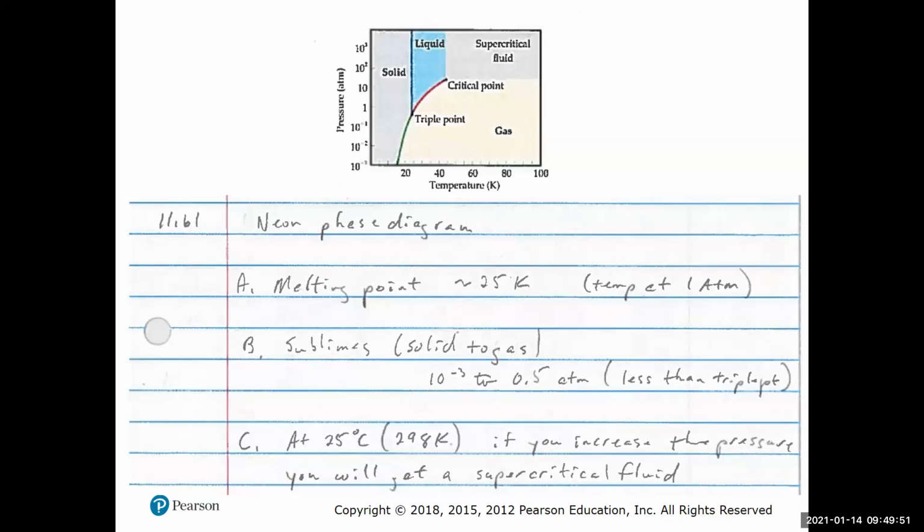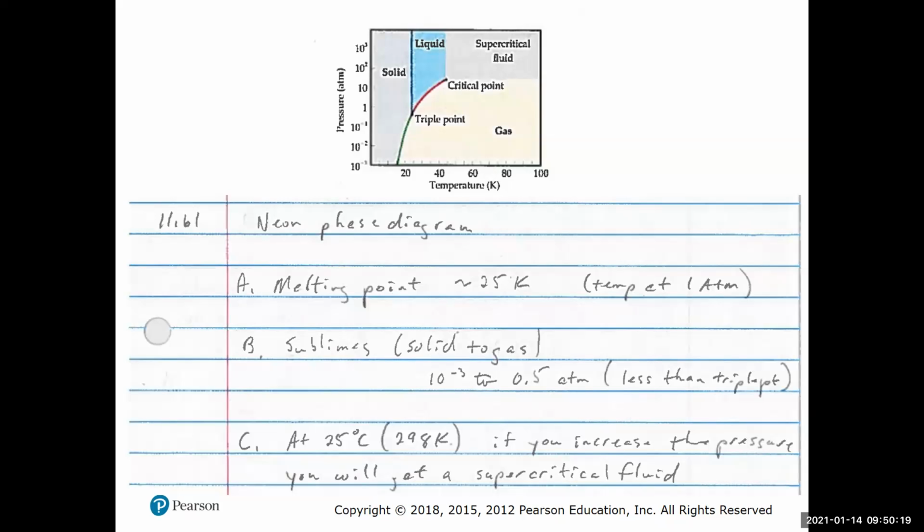So if you're at 25 degrees C, 25C would be way out here, because this is Kelvin. 25C is 298 Kelvin, so I'm way out here.